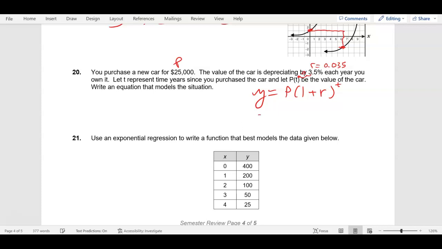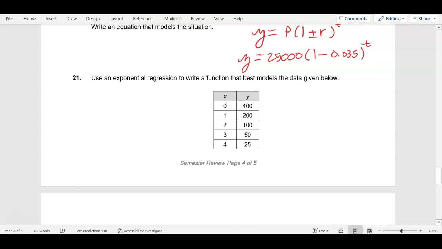So my Y is going to equal 25,000, oh, my bad, times 1 plus, since we're adding, depreciating is subtract, right? So 1 minus 0.035 to the power of T. All right.